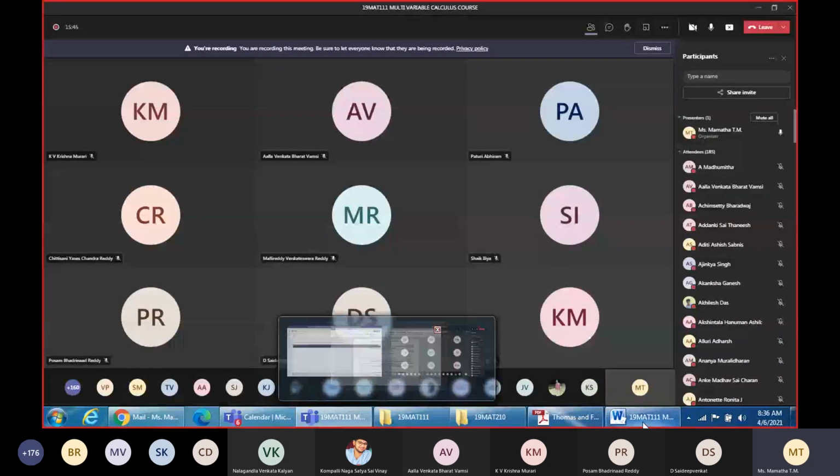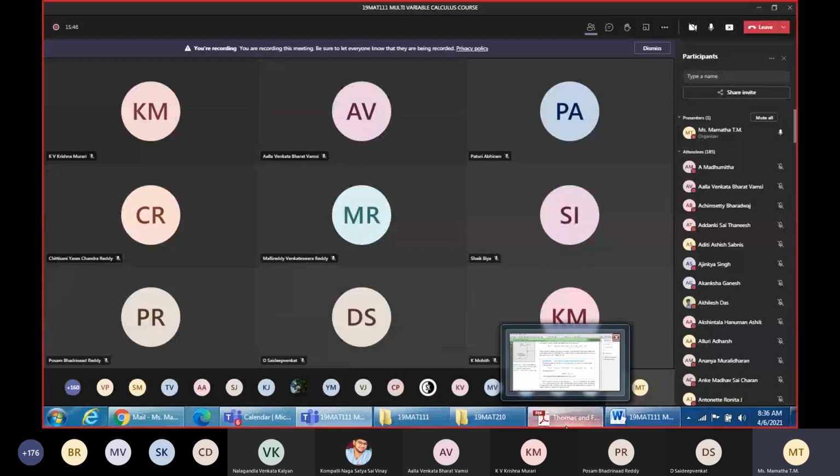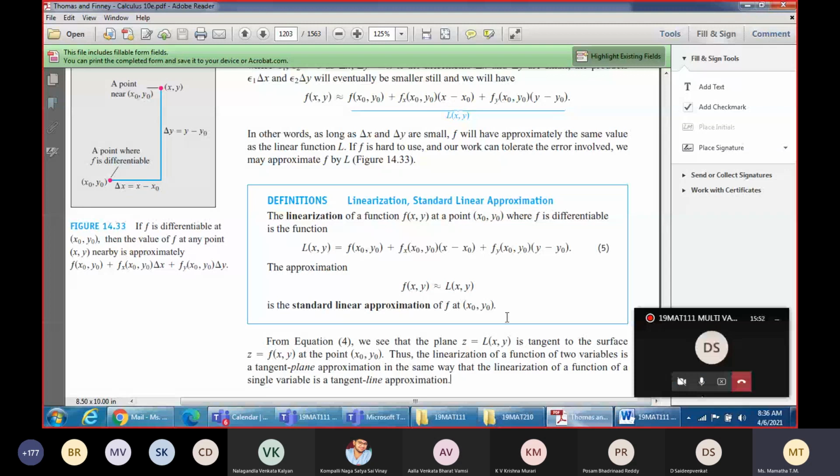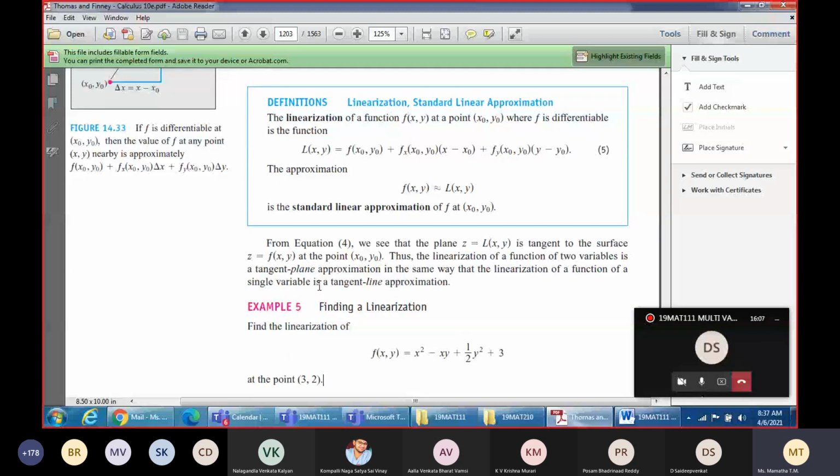So this is called the linearization function, which is an approximation for the given function. They are also called tangent surfaces for the given function. In terms of a single variable, this would be understood as a slope approximation for the given function.